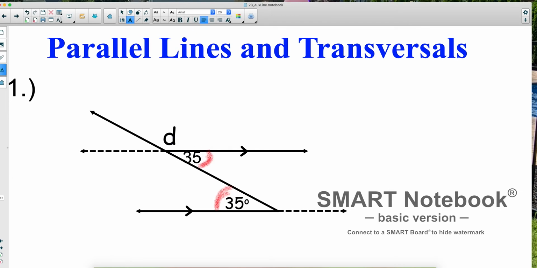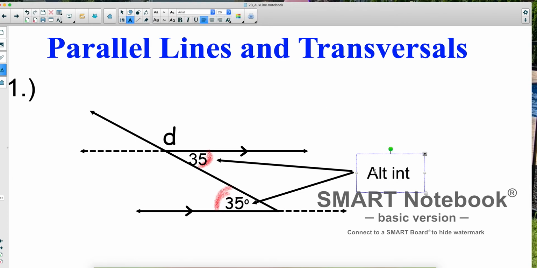Okay, so maybe I'm going to even just point out alternate interior angles. Okay, so my alternate interior angles are equal, so that's how I was able to figure that out.